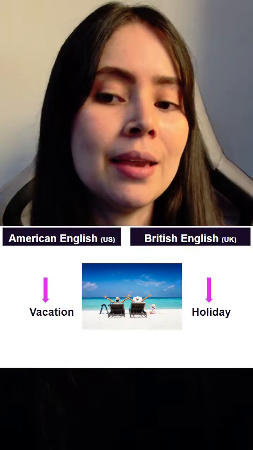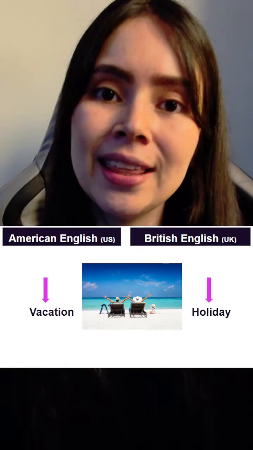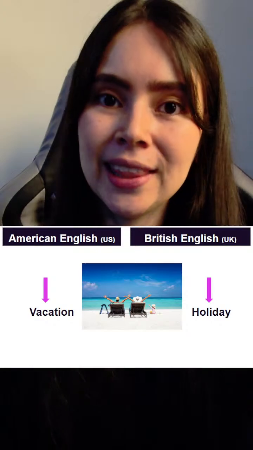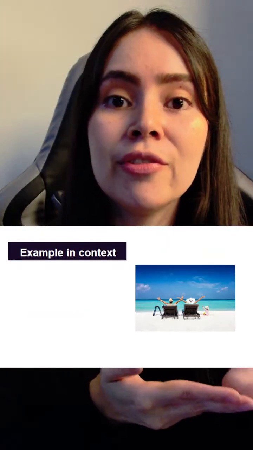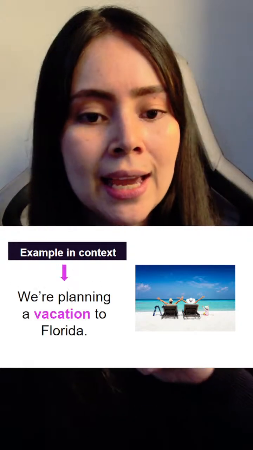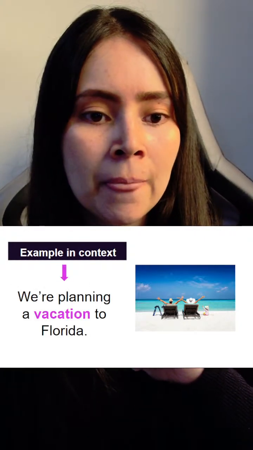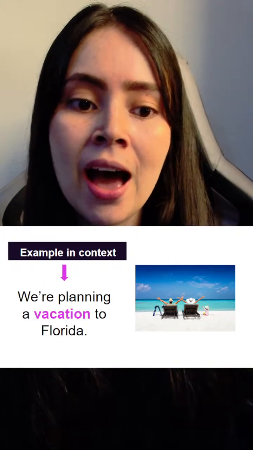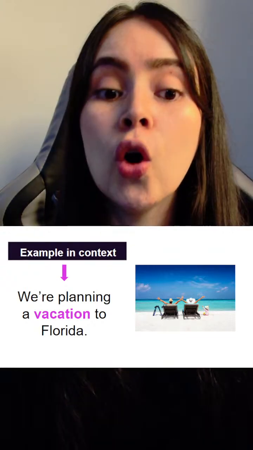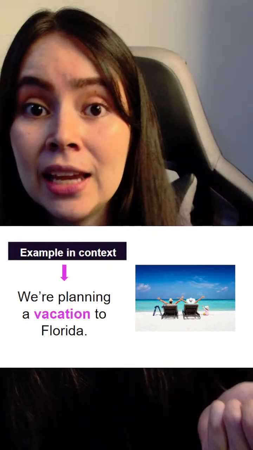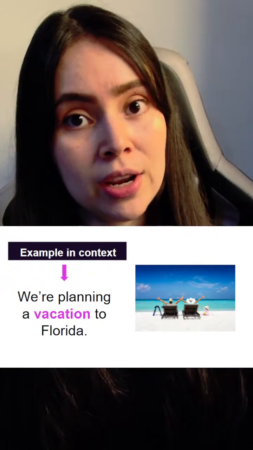And in the UK, they prefer to say holiday. Holiday. Vacation and holiday in an example: we're planning a vacation to Florida, or we are planning a holiday to Florida.